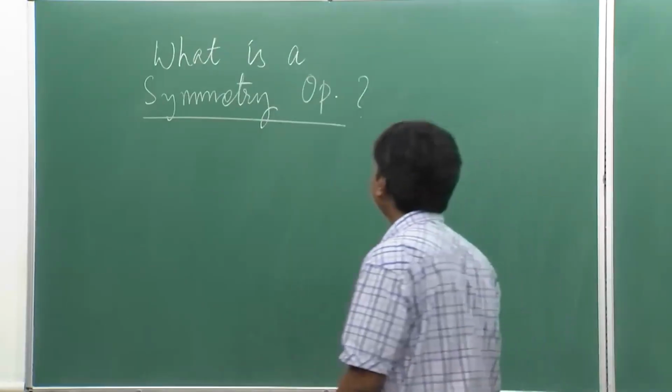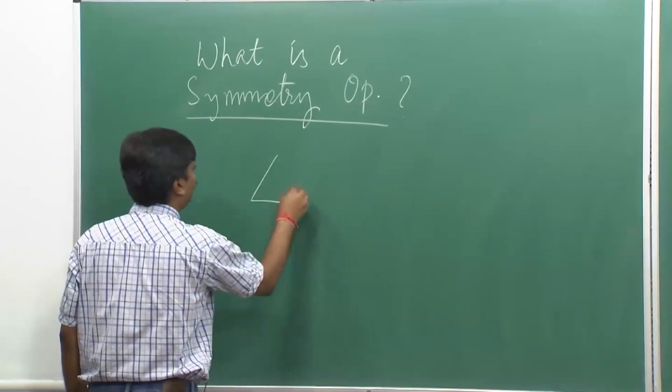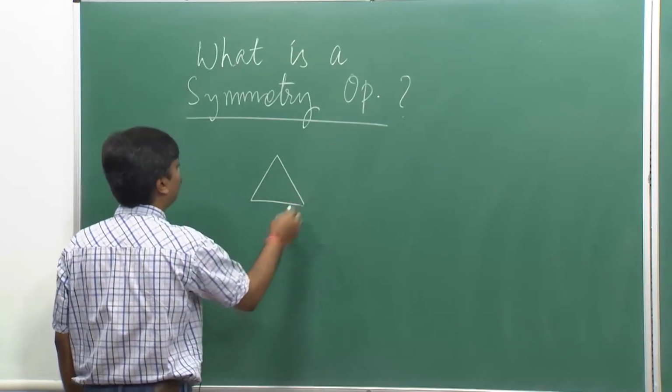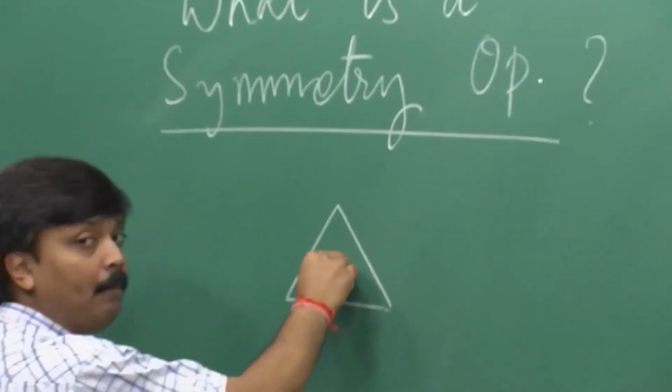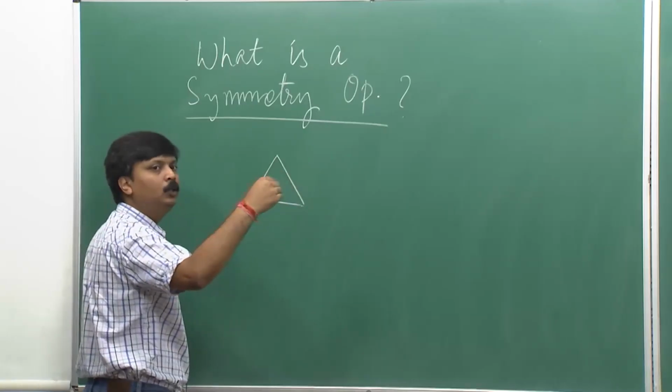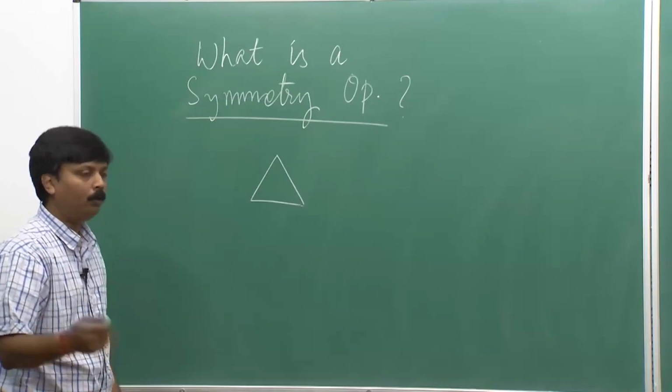So say, for example, I have an equilateral triangle, and I can imagine there is an axis about it, toward you, out of the plane of the board.